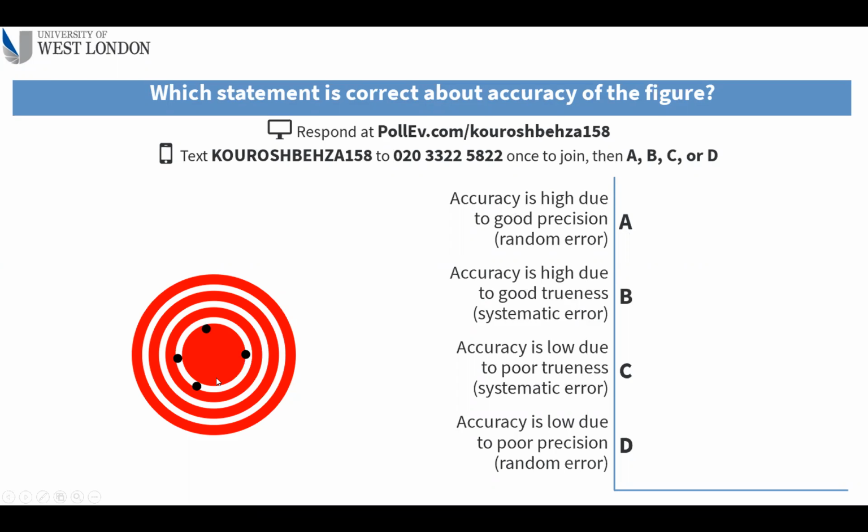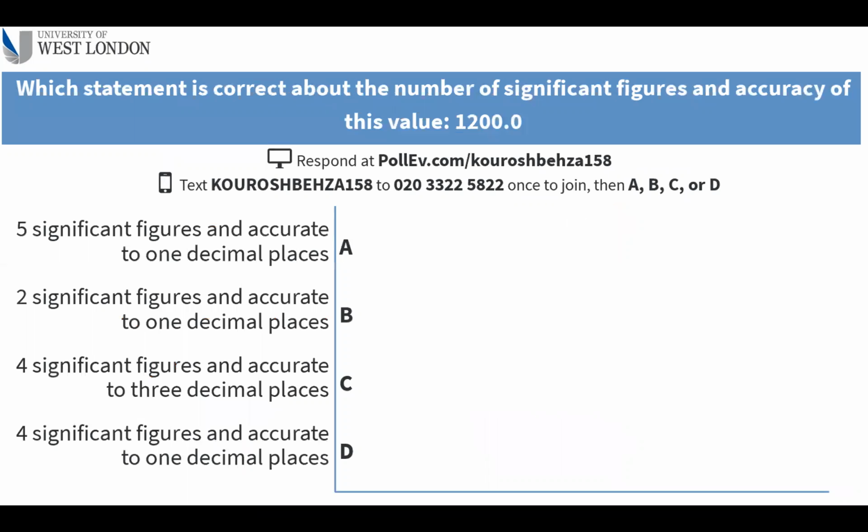So you're going to see if the shooter is accurate or not accurate, and for what reason: random error or systematic error, good trueness, good precision or poor precision.